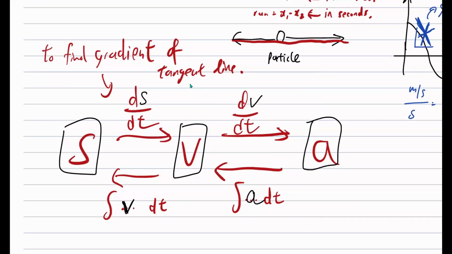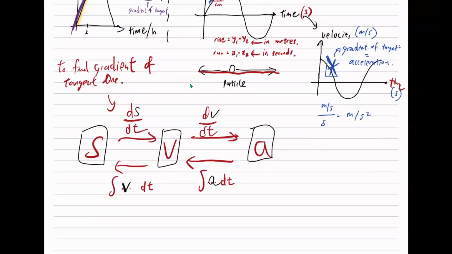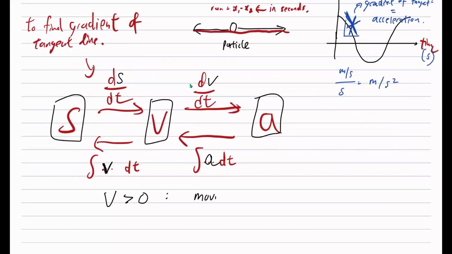Later on, you have to start to interpret what it means in terms of physics, in terms of real world application. Some of such examples, which I will explain in more detail next lesson, is that if v is more than 0, it means that you're moving rightwards. If v is less than 0, it means that you're moving leftwards.